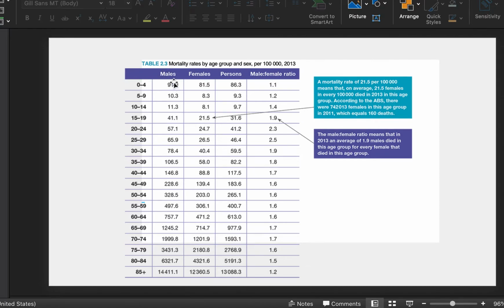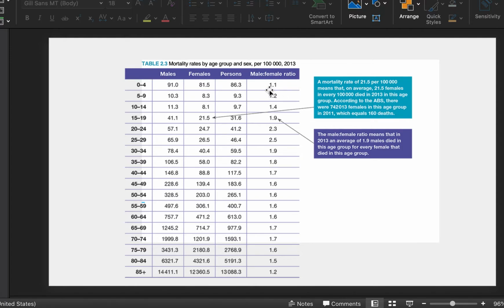Then we have a column for males and a column for females. And then when we average those out, we just have an average of all persons, male and female. And then this ratio, it may look like it's 1 to 1 for those mathematicians that know what a ratio looks like, but it's actually not. It's actually the ratio of how many more males than females.